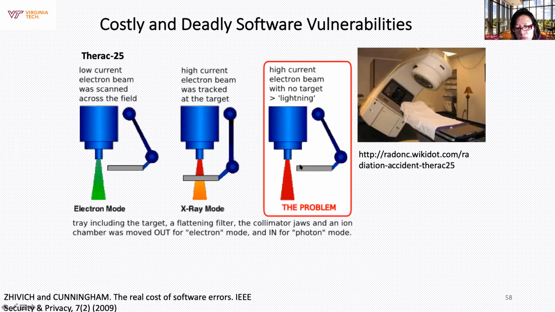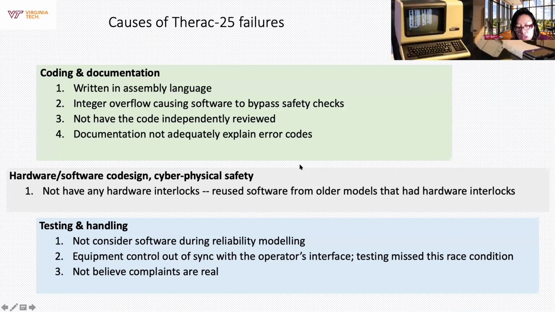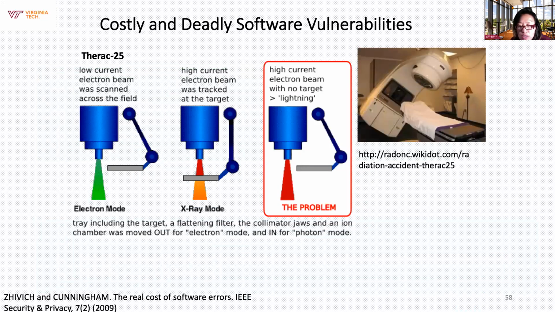The problem at the time of the incident is that the plate was away, not in place, and therefore the operator kept increasing the dose because the screen seemed to indicate there was no radiation.